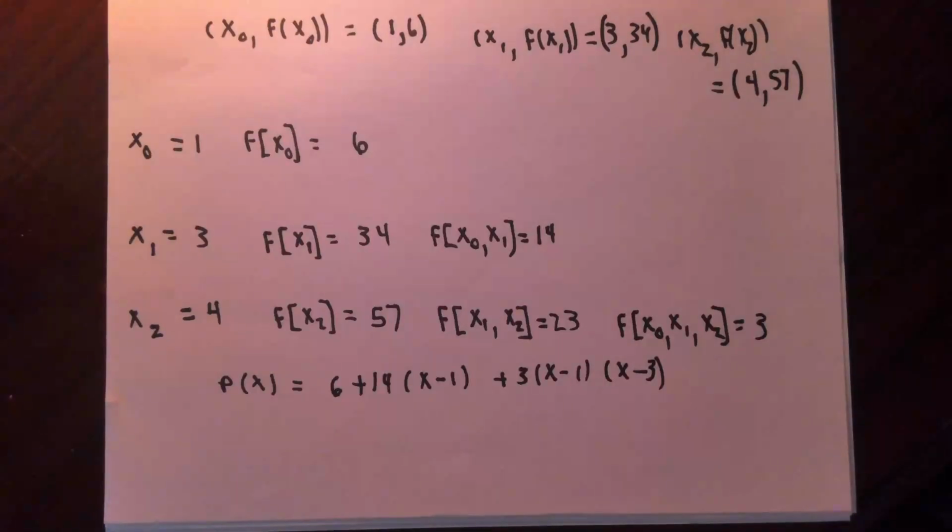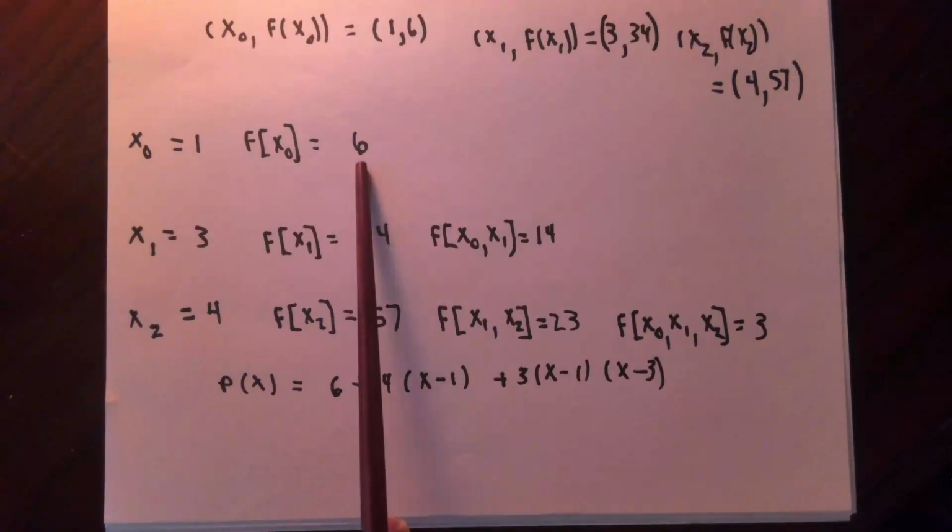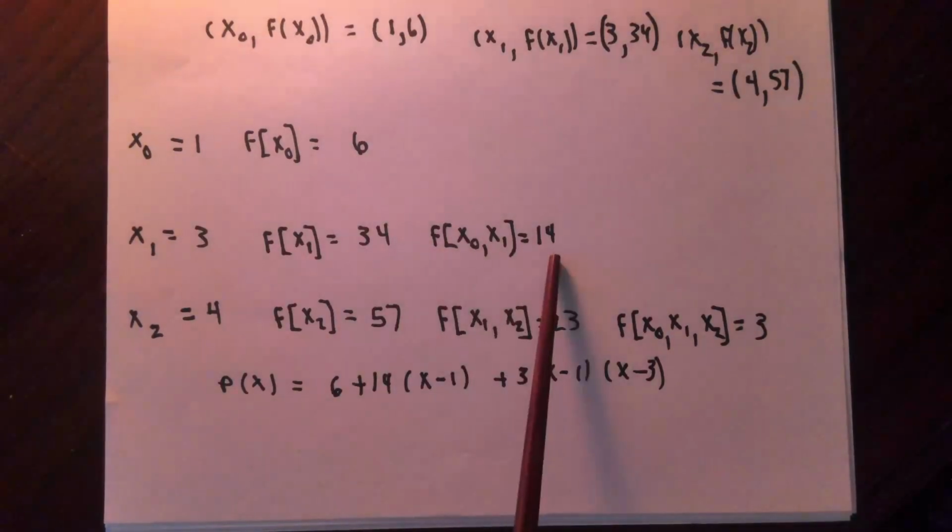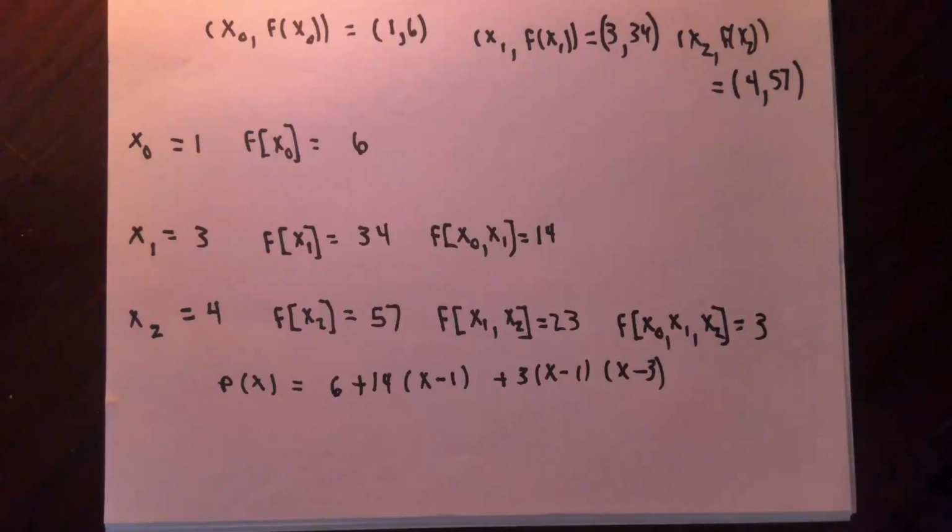Again, the reason that all of these numbers are worth knowing is this: the 6, the 14, and the 3 are the coefficients of the terms in the Newton form of the interpolating polynomial.